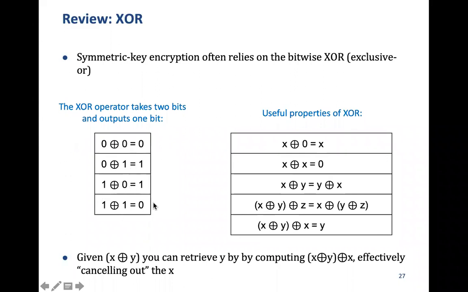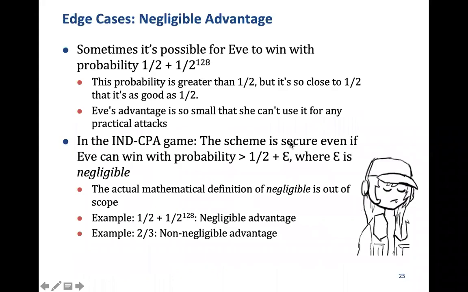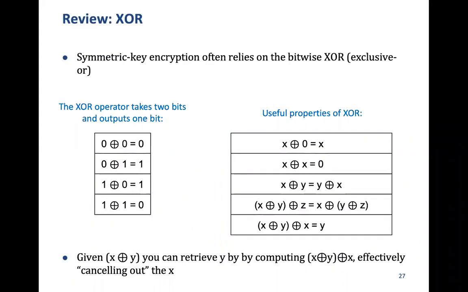Okay, so what are the other properties of this? The other useful property of XOR is that when you take one input X and you exclusive OR it with 0, then the output is X, right? So for example, take two values of X, 0 and 1.